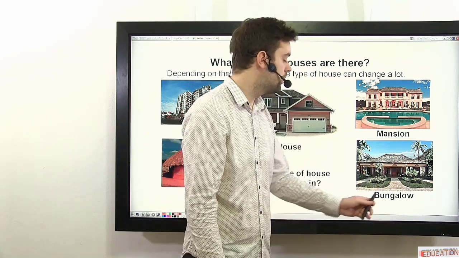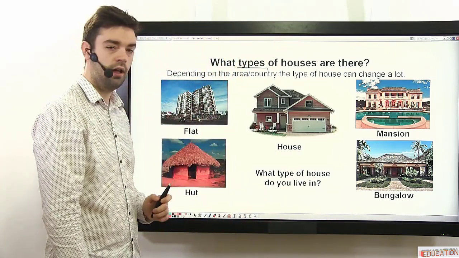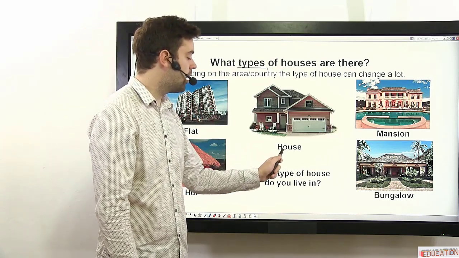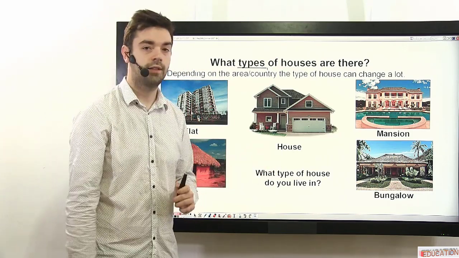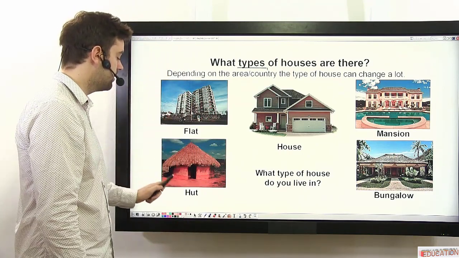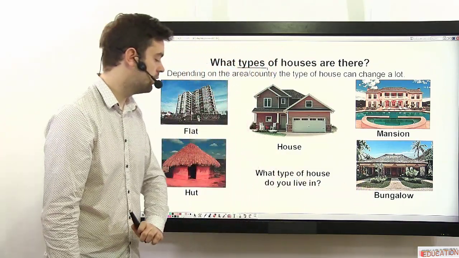Bungalow. And here we have a house. H-O-U-S-E. House. So we have a flat, hut, house, mansion, bungalow.